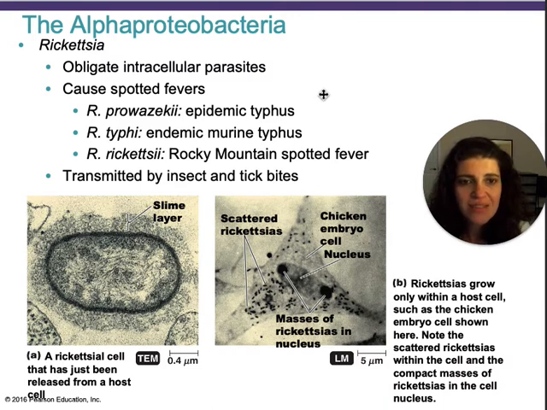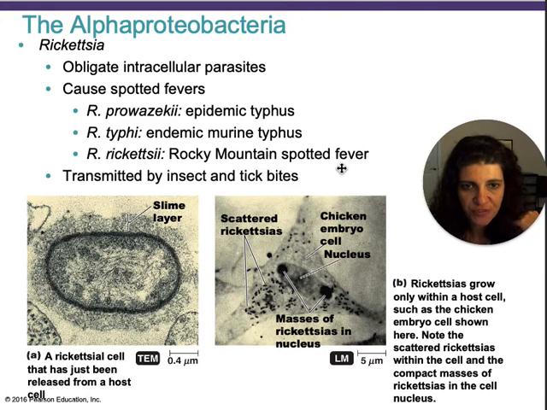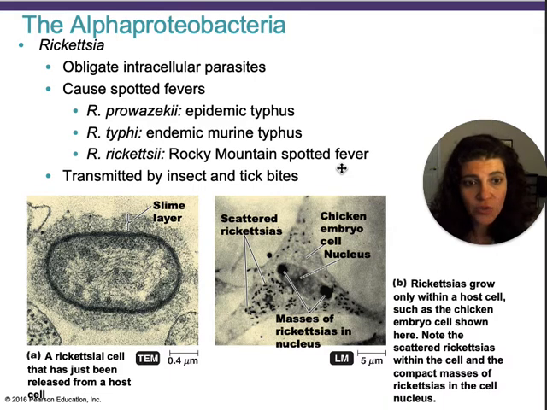They cause many diseases that are considered spotted fevers. So it's fevers that have like very high temperature and specific features. For example, Rocky Mountain spotted fever, okay? And typhus is another type of disease that they cause. They also need an arthropod, like an insect or a tick, for transmission, okay?